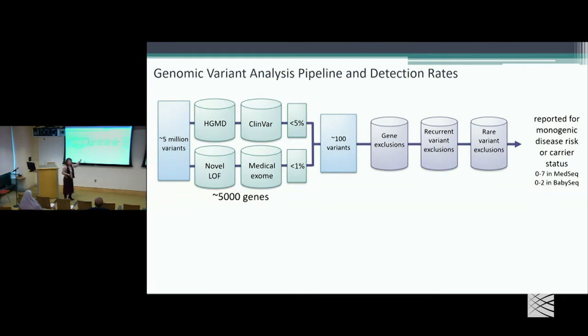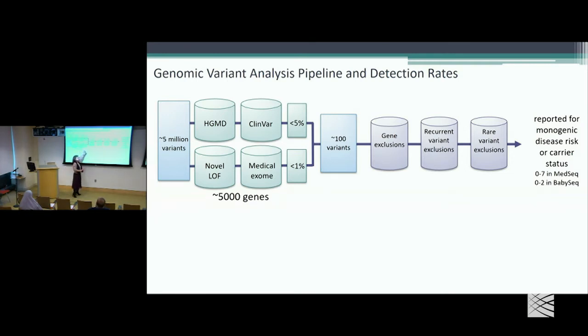When we do clinical interpretation of the genome, and we've been doing this in lots of particularly healthy patients in the MedSeq study or healthy newborns in the BabySeq study, we go sequencing a genome, in this case 5 million variants, or an exome, 50,000 or so, and then we filter them against databases where people have reported pathogenic variants in either the HGMD database or ClinVar, or it's a novel predicted loss of function in a gene implicated in a Mendelian disease, of which there are probably about 5,000 out there published as Mendelian disease genes.